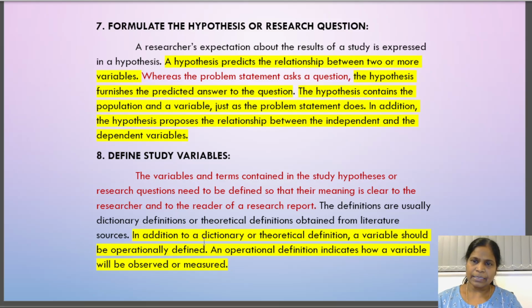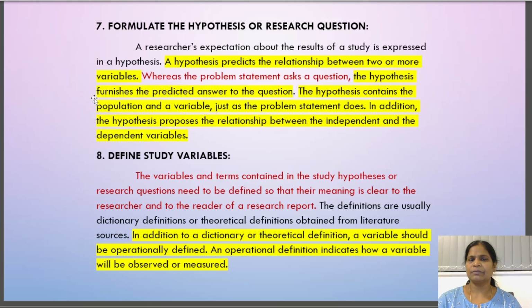Here it predicts a relationship between two or more variables, whereas the problem statement asks a question. A study to evaluate, it asks a question. Relationship between something, independent variable, dependent variable.